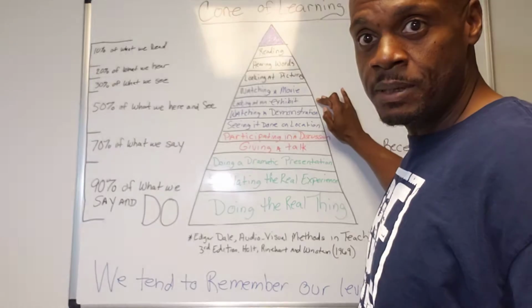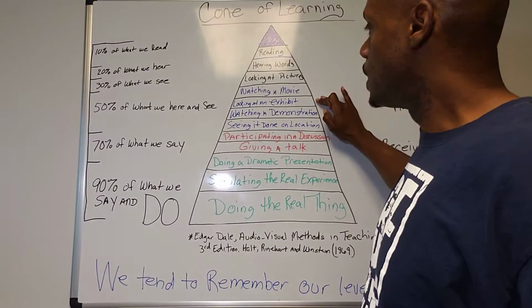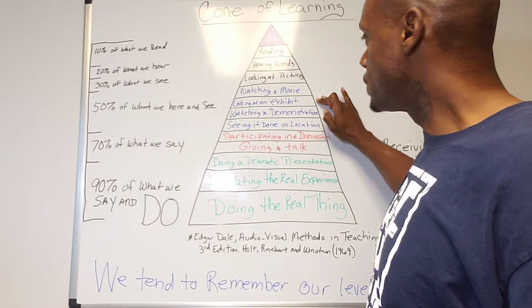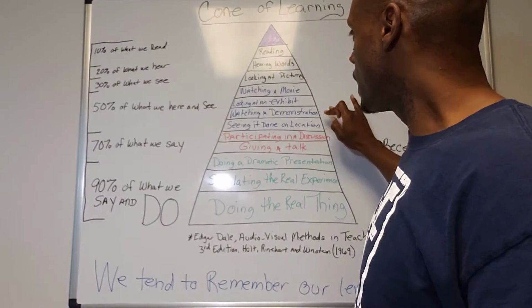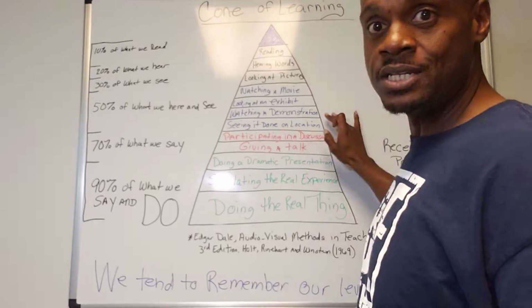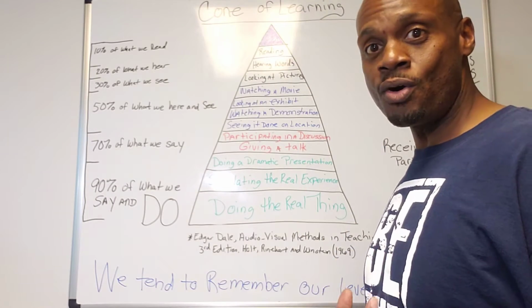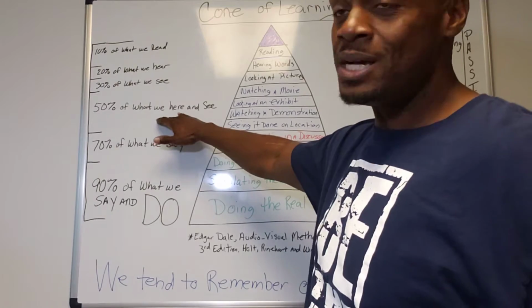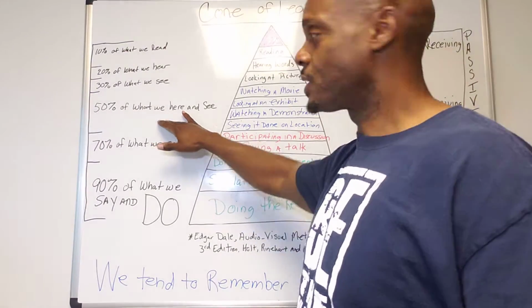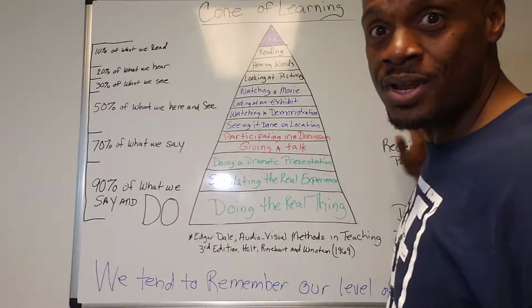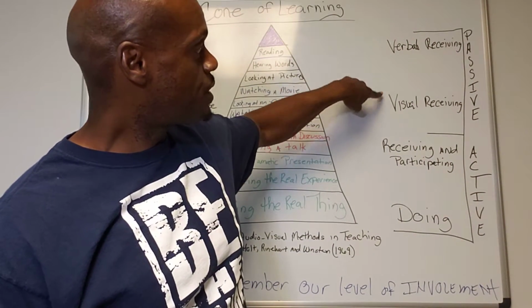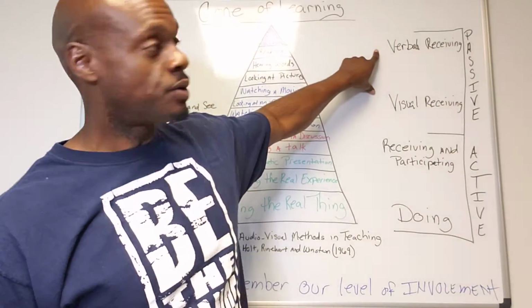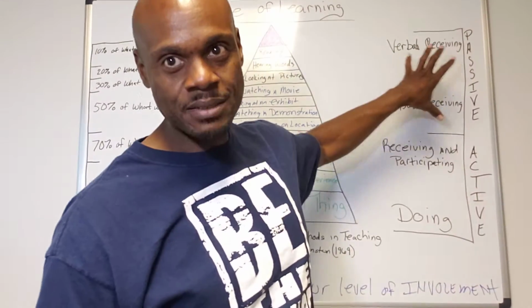Looking at an exhibit where there's visual and audio, watching a demonstration where there's video and audio, and seeing it done on location where there's visual and audio. You're only going to retain up to 50%, and it's still considered passive learning. It's still inside the verbal receiving and visual receiving, which is passive.